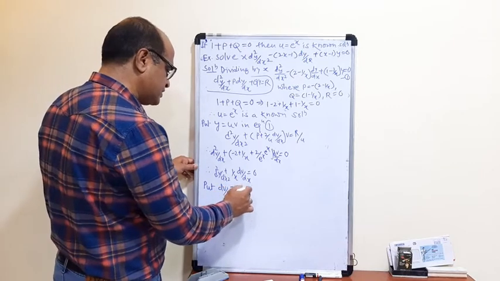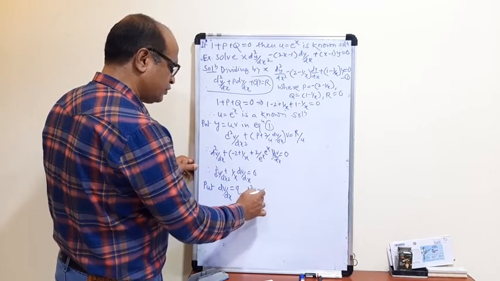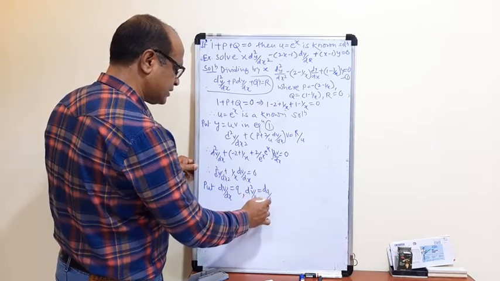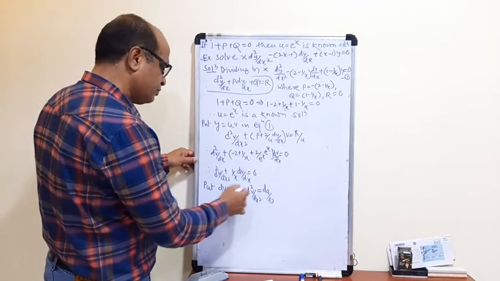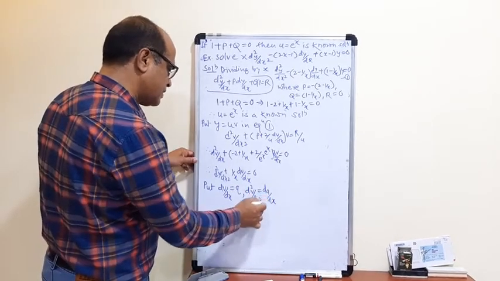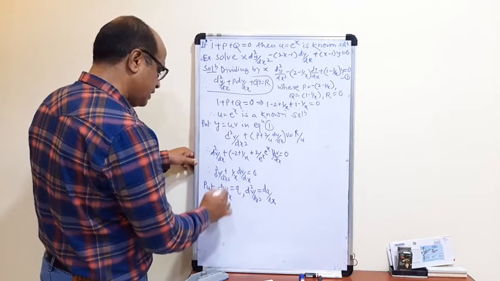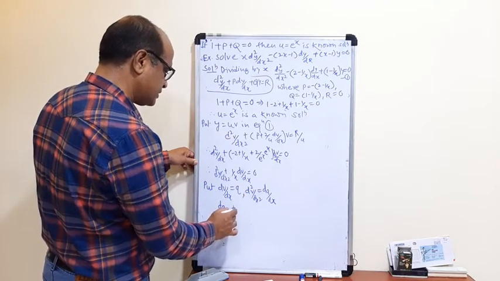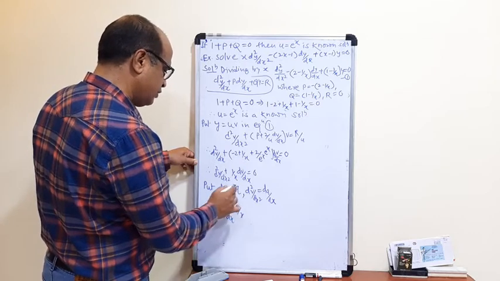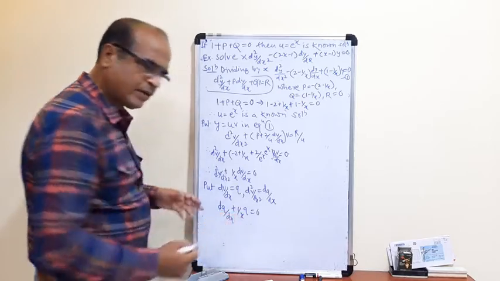Taking derivative of this with respect to both sides, d2v by dx square is equal to dq by dx. So putting this in this equation, we get dq by dx plus 1 upon x into q is equal to 0. This is a very simple one.